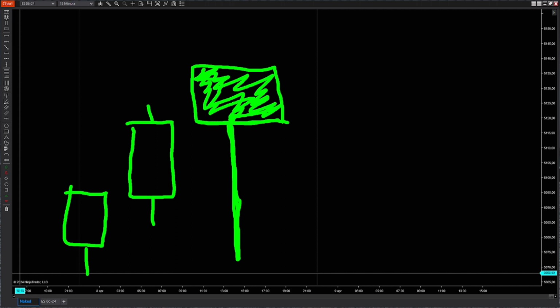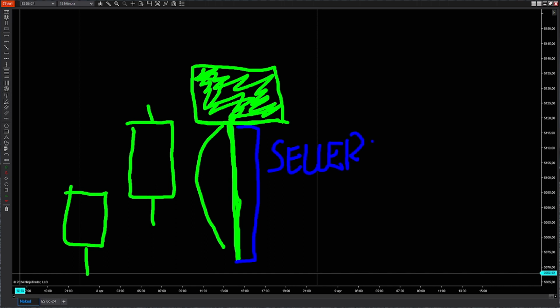Now, what will we need to be sure that there is a shift in market structure? It is that these sellers right here, I will put this in blue, need to take over. Now we have different candlesticks representing this, like an engulfing pattern or a morning star or an evening star.